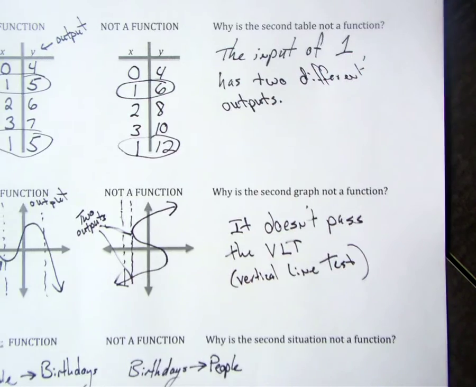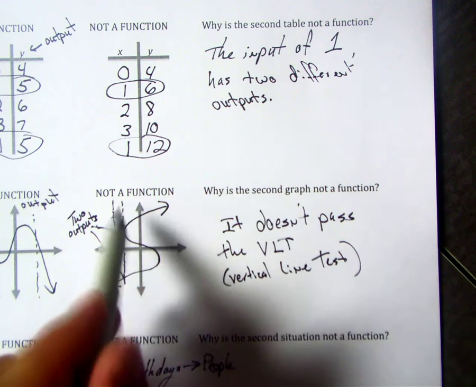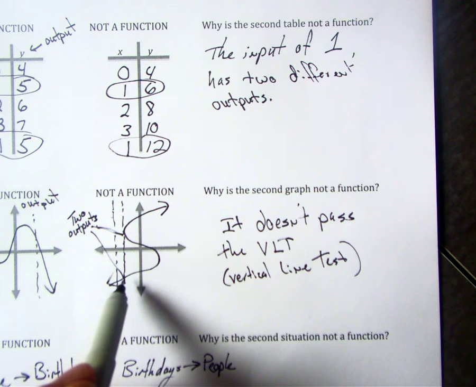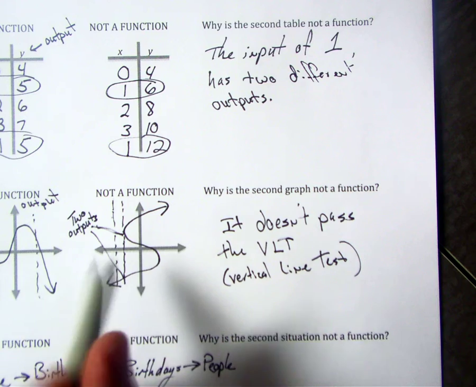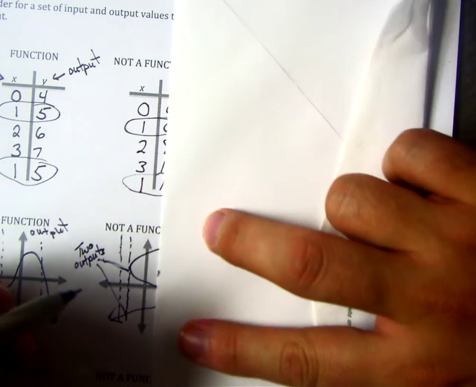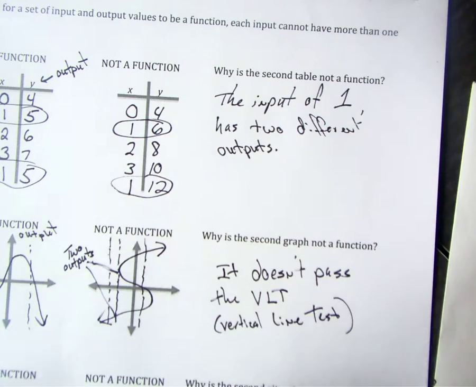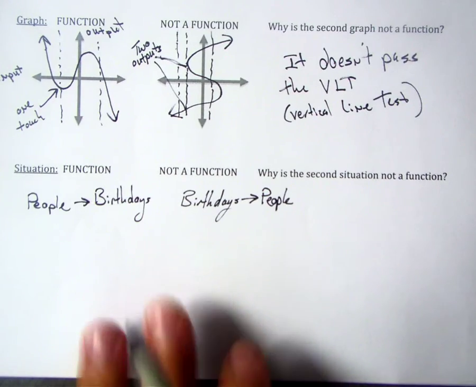Okay. Which means that you can take a line and draw it down through and touch it at least 2 times or more, right? If I were to draw it over here, the line would touch 3 times.